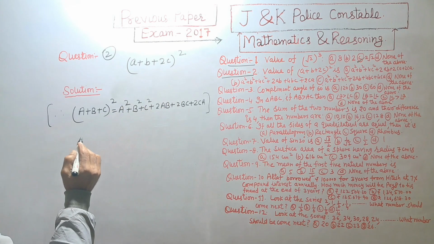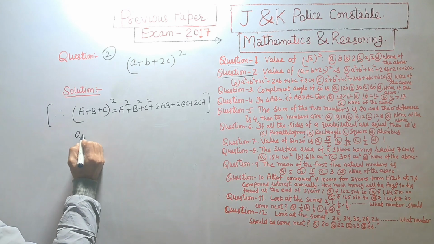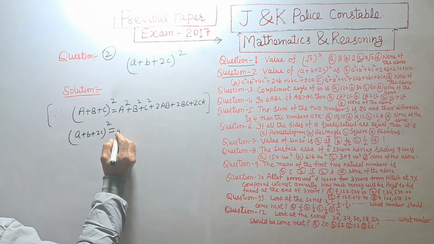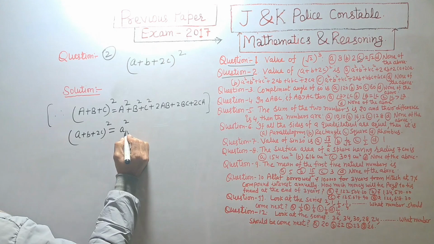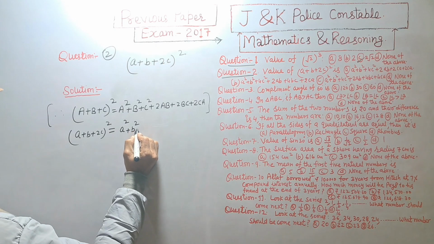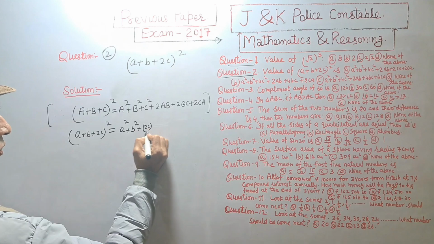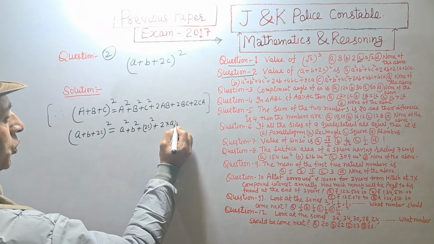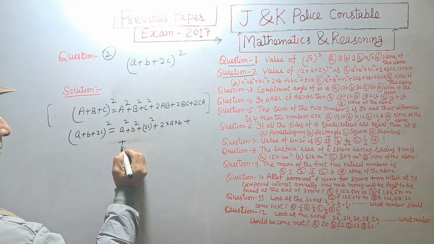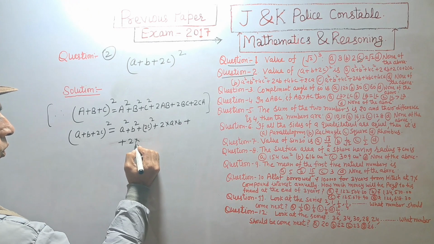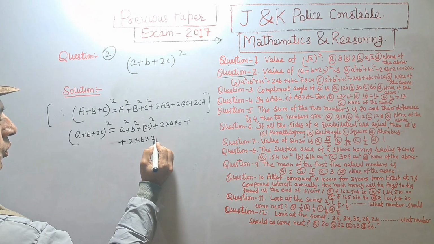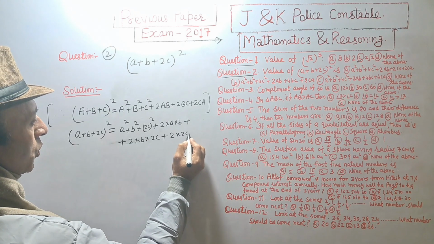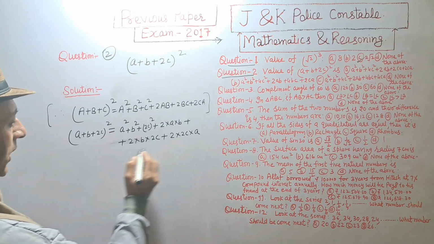So a plus b plus 2c raised to power 2 is equal to a square plus b square plus 2c square plus 2 into a into b plus 2 into b into 2c plus 2 into 2c into a.